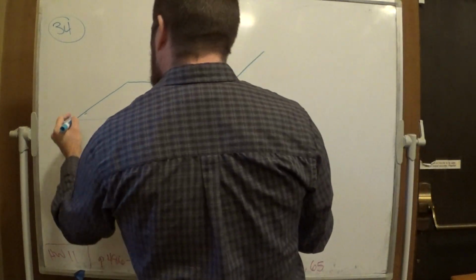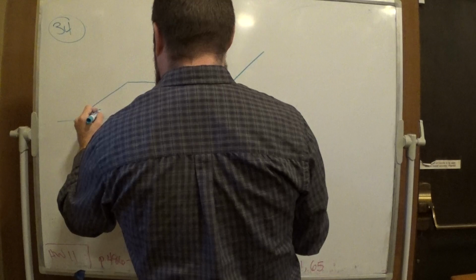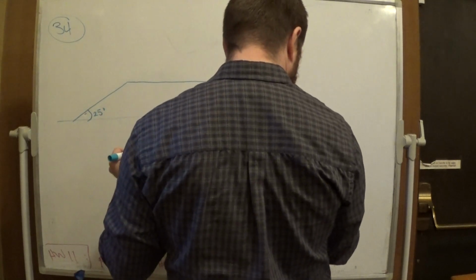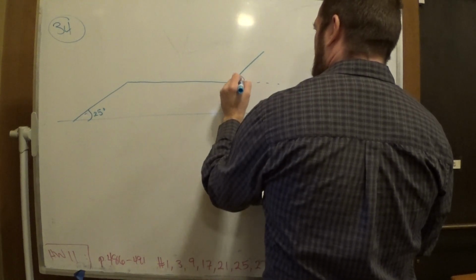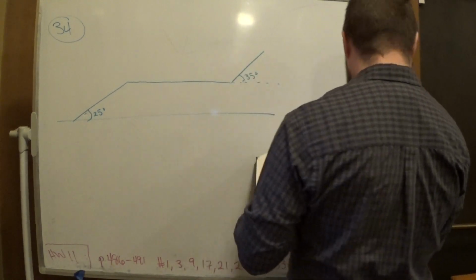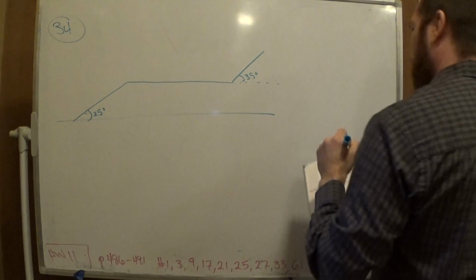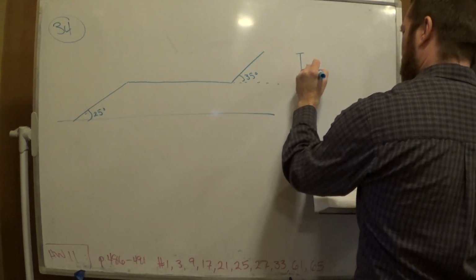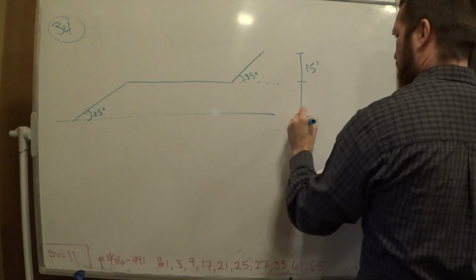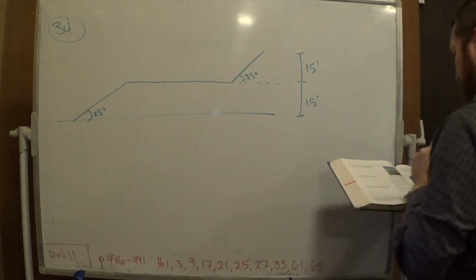It's boring. They say that this angle right here is 25 degrees. They say that this angle right here is 35 degrees. The height from here to here is 15 feet. The height from here to here is another 15 feet.